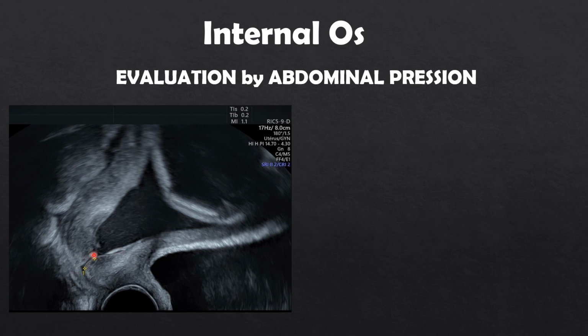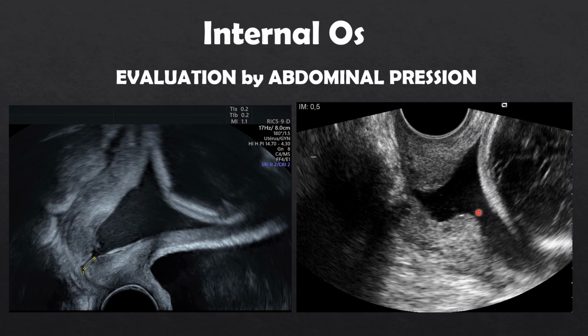The functional cervix is only 5 millimeters. And we can sometimes evaluate the internal os by abdominal pressure. In this last example, we can see that the pouch is protruding between the two cervical parts, affecting the internal os and the external os.